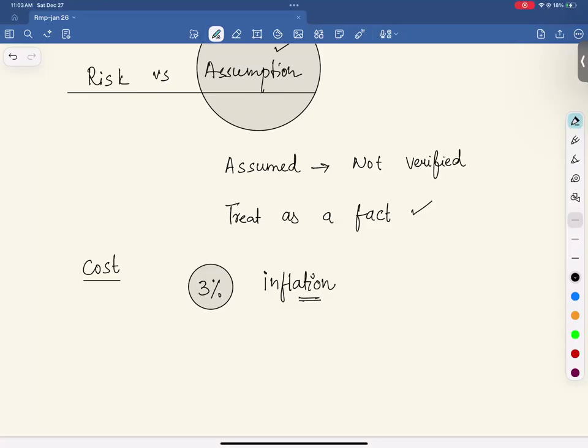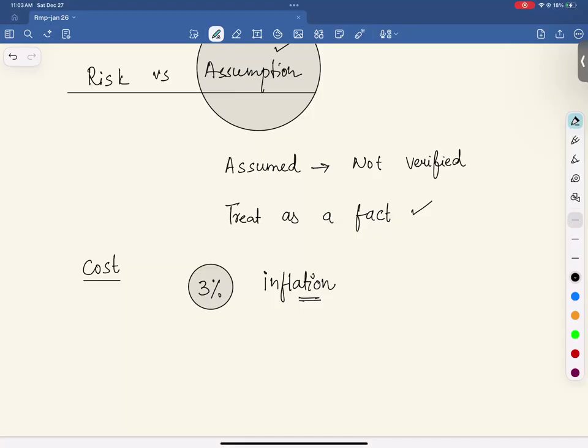It may vary, and you document that variance. But when you write it as an assumption, you fix it. That's the difference between an assumption and a risk. Risk may vary, assumption from planning perspective remains the same.